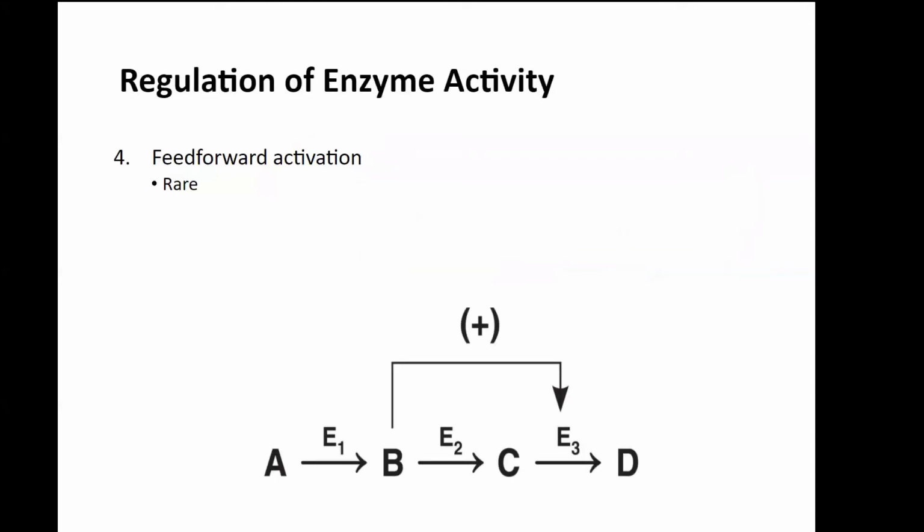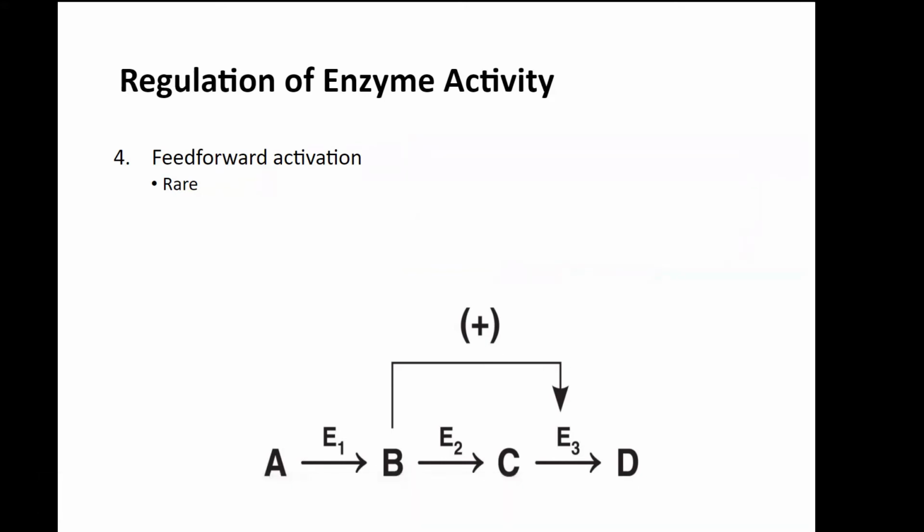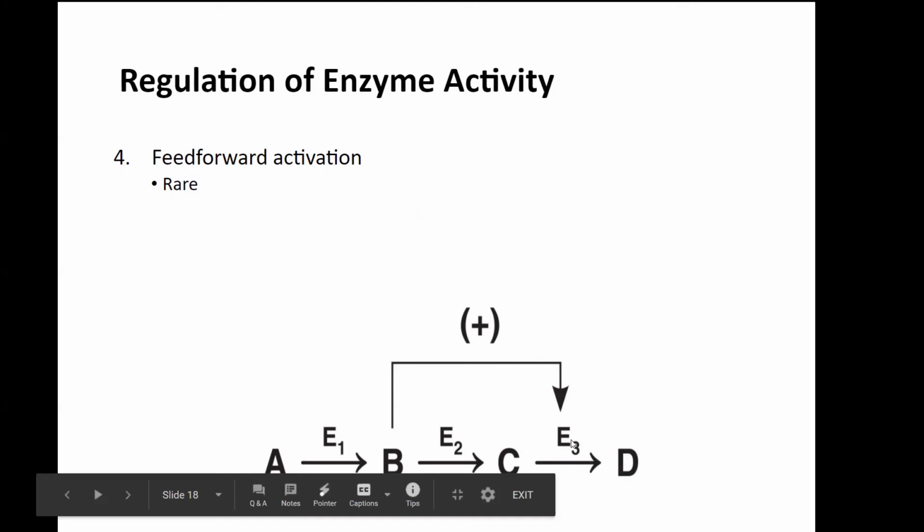Feed-forward activation is rare. So we do occasionally see that sometimes the creation of a certain molecule actually speeds up some part of the process later on. So in this case, we see a diagram of B acting as an allosteric activator of this final step of this enzyme E3.